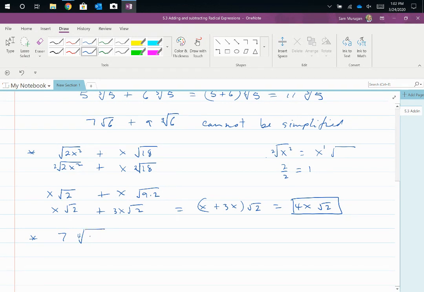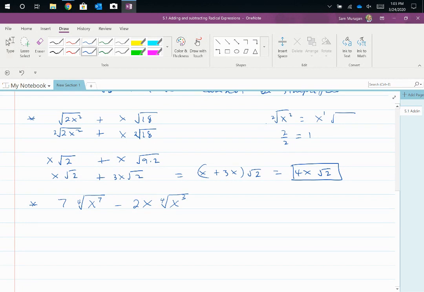Fourth root of x to the power 7 minus 2x fourth root of x cubed. So this radical is already simplified because 4 cannot divide into 3 and leave a remainder. But right here, we've got 7 over 4 goes 1 time with 3 remainder.